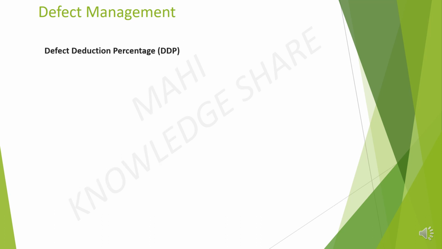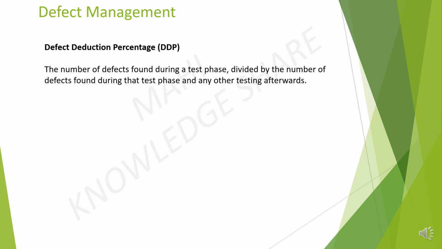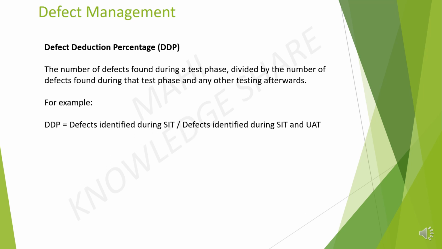Define defect detection percentage. The number of defects found during a test phase divided by the number of defects found during that test phase and any other testing afterwards. For example, defects identified during system integration testing divided by defects identified during system integration testing and user acceptance testing.